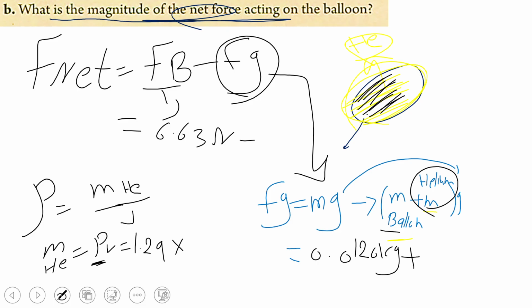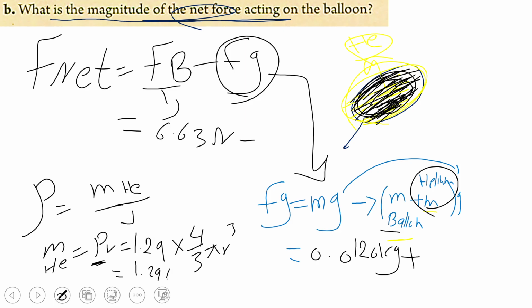Guys, because the helium inside the balloon takes the shape of this balloon. That's why we have to write the volume rule of the balloon. Same volume, 4/3 pi r power 3.